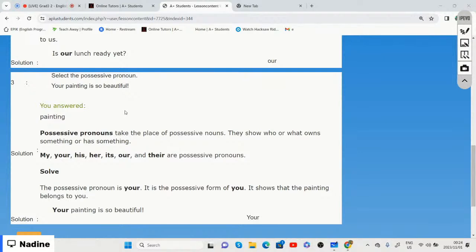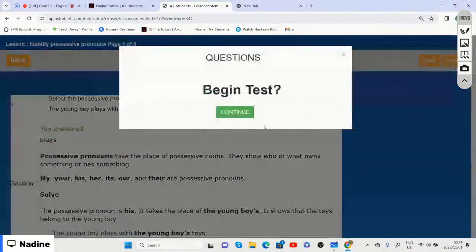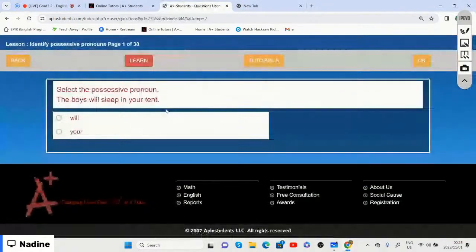We already see that your painting is so beautiful. Now we are en route to our test. So we need to identify possessive pronouns, right? You need to select the possessive pronoun.